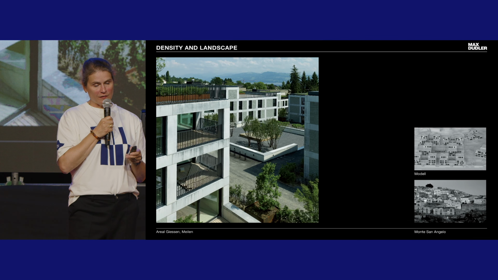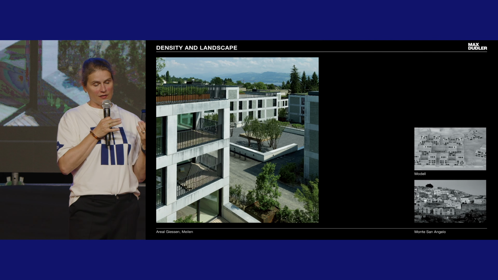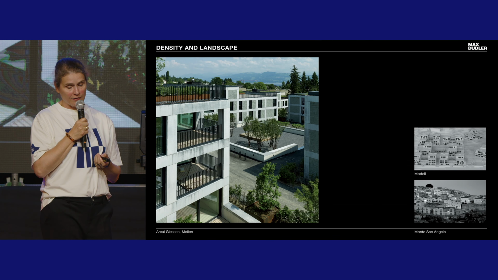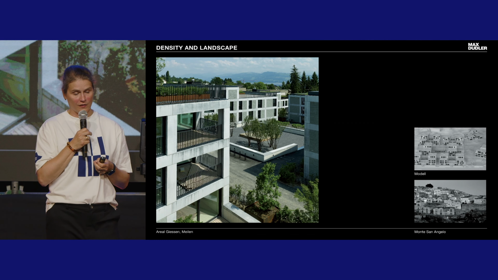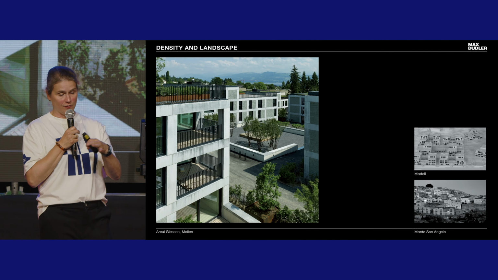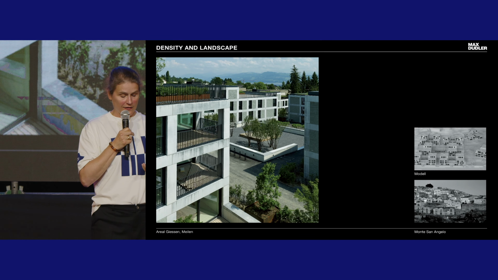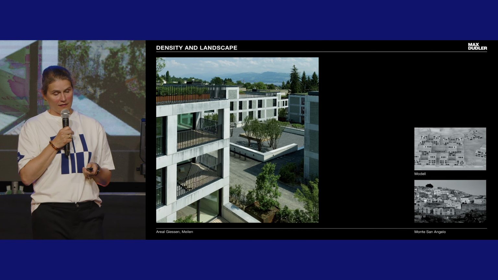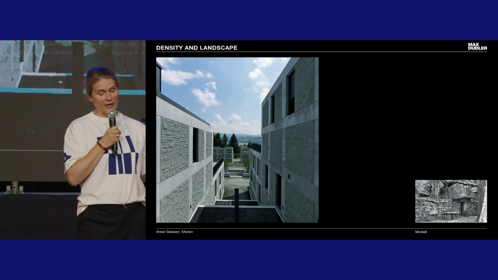So the last one from that typology is again, how do you deal with density in rural areas? And we decided to separate this development from the neighborhood, to have it on a chessboard, with a very dense building structure, and you have from every apartment a view on the Zurich Lake.